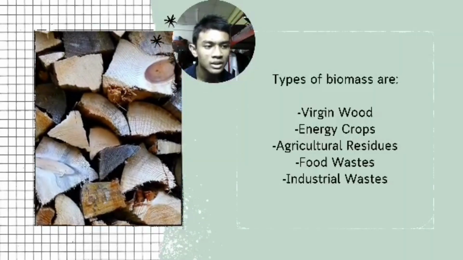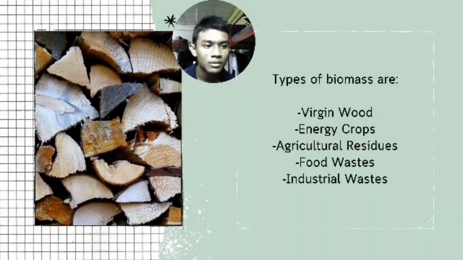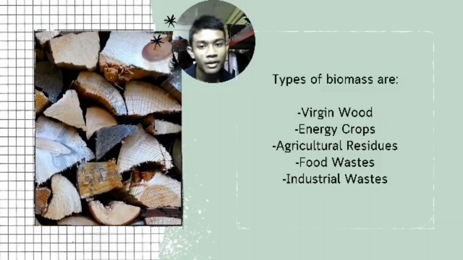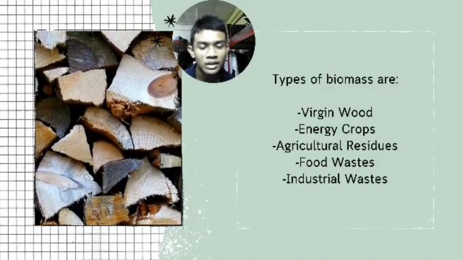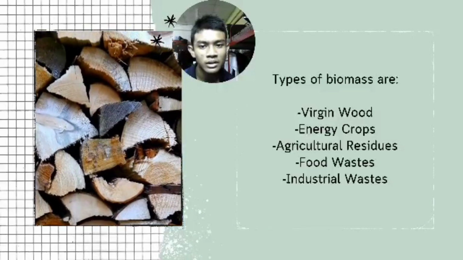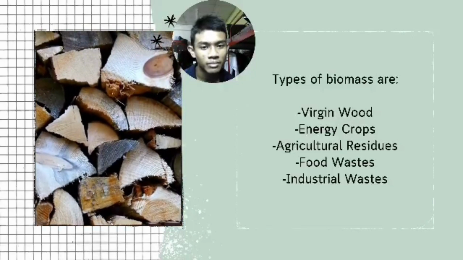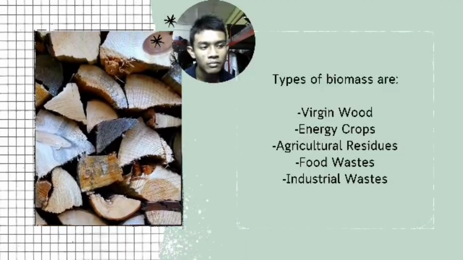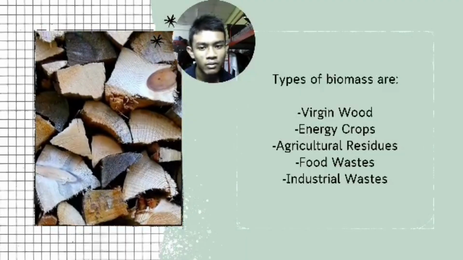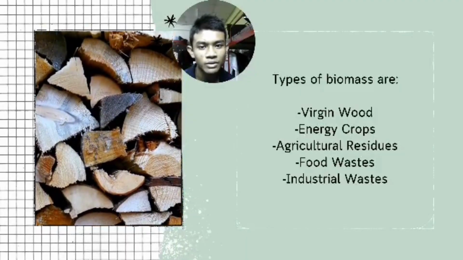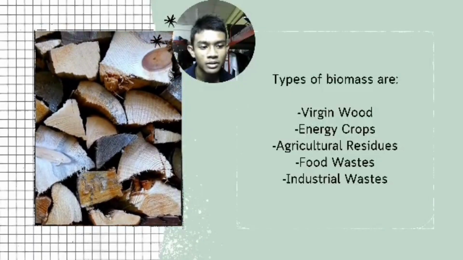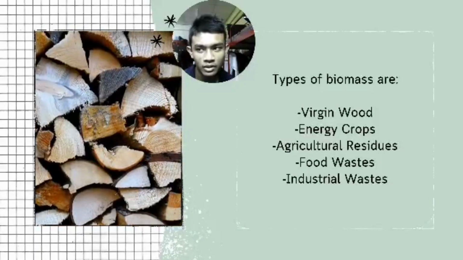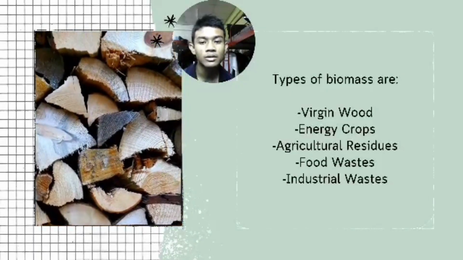Food waste is food that you throw away. Industrial waste is industrial items like chemicals or from factories or just any industrial waste from butcher factories, basically industrial.